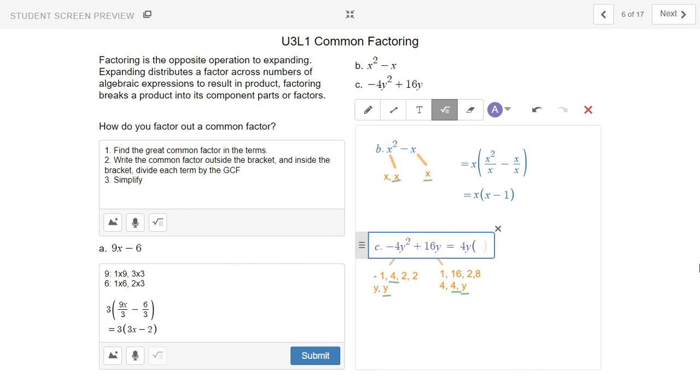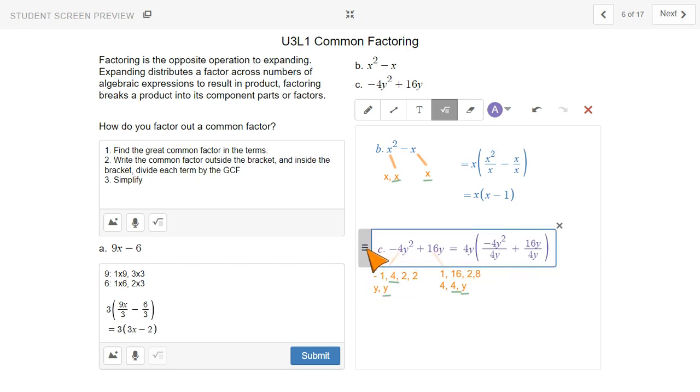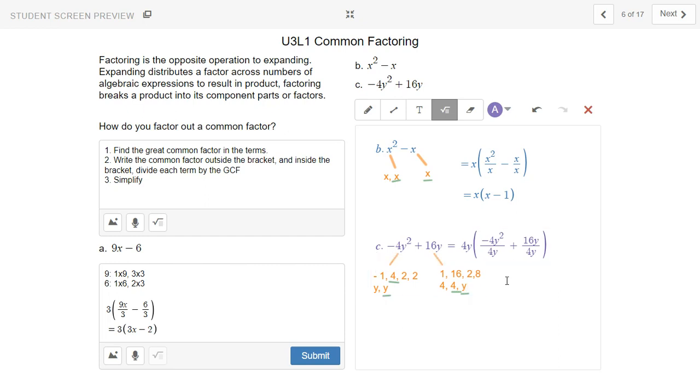Right, 4y on the outside. And we're going to divide each term now by 4y. Let's simplify: 4y times negative y plus 4.